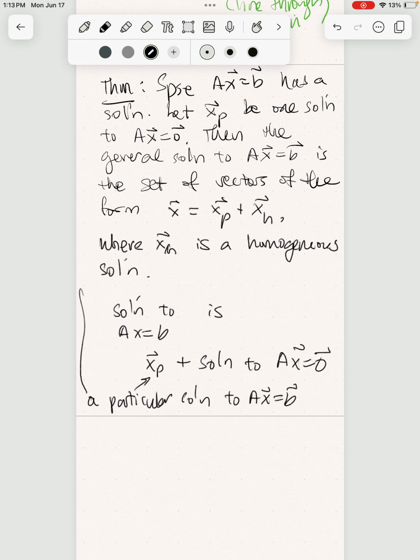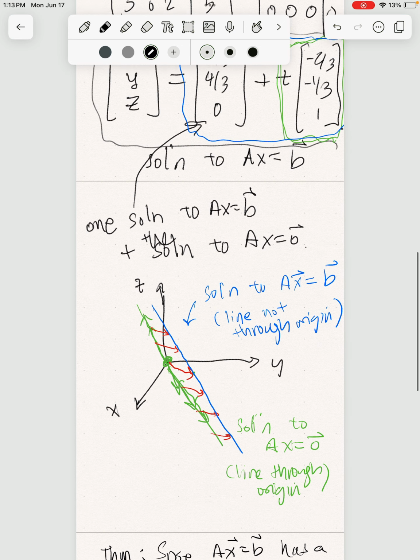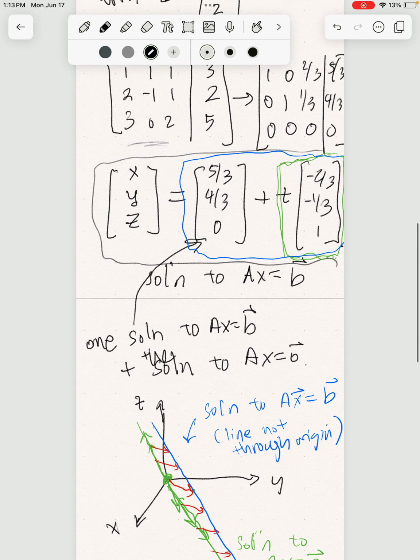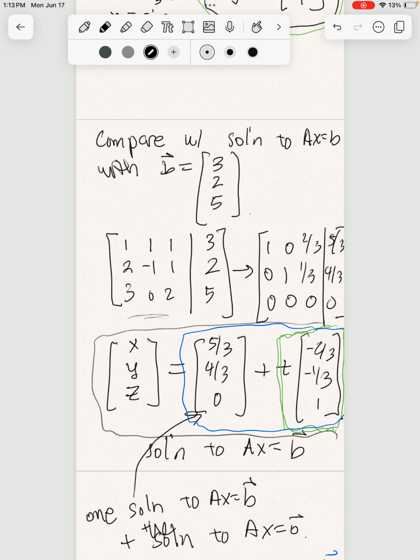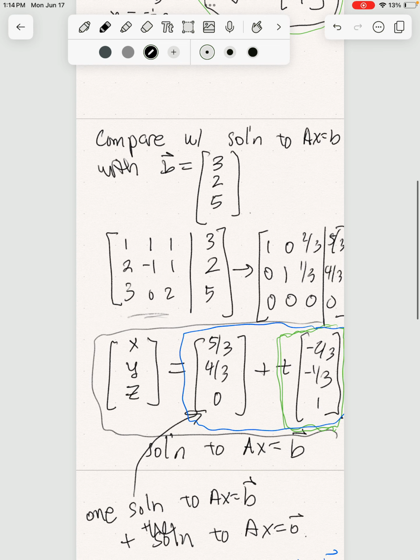And let's put that in the box. So this is the example that we did before. That's an example of this, right? This 5/3, 4/3, 0. If you just plug it into the equation, you'll see that it's a solution to Ax equals b. And then you have this homogeneous part, the green part, the solution to Ax equals 0. One way to see it is just from doing the solving.